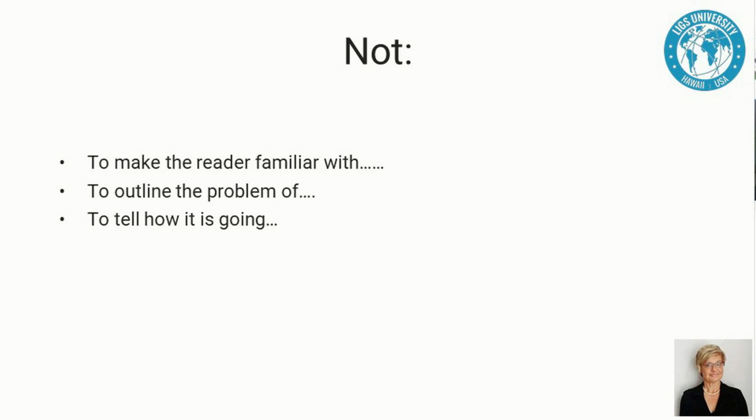Or something like this: my goal of my seminar paper is to tell you how it is going. I will describe how our marketing campaign was done. I will tell you how we are developing our employees.